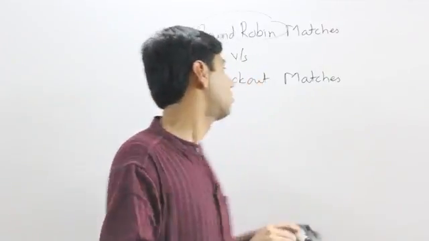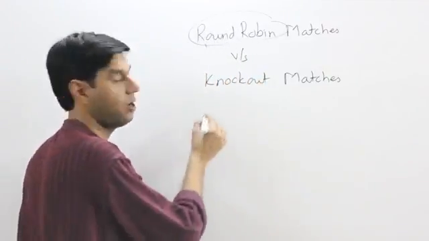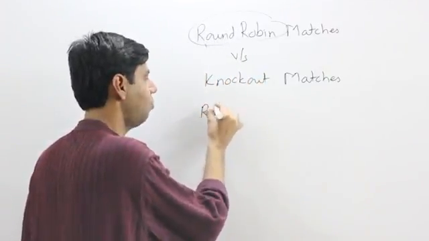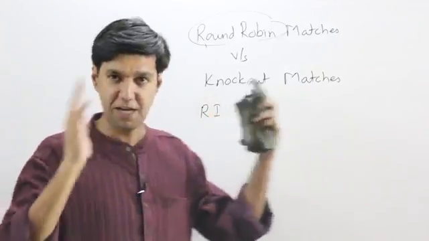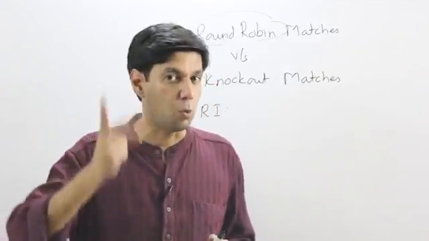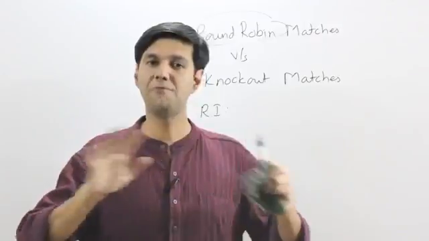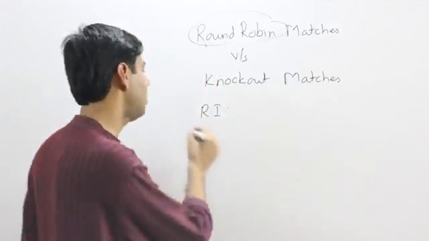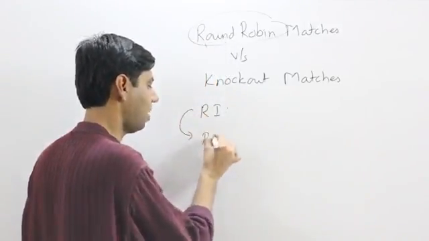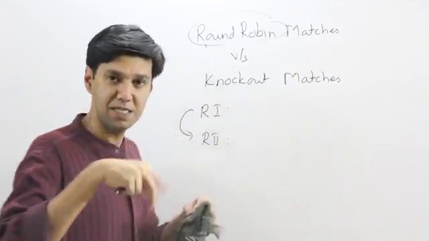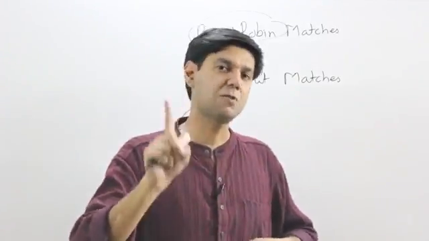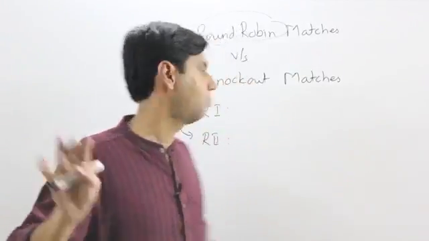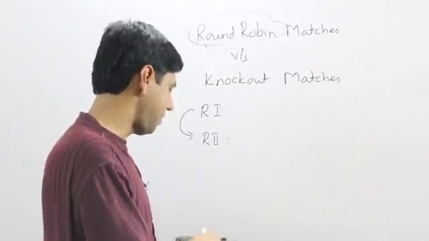So in knockout matches, they typically go in rounds. In round 1, whatever is the number of teams, each will play against one other person. Whoever loses goes out. All the winners from round 1 will move to round 2. They will play amongst each other, not each one playing every other, each one playing one other player. Losers go out. It is not a PNC question.